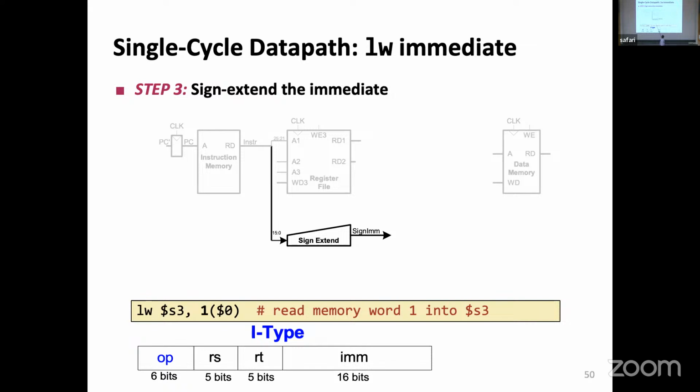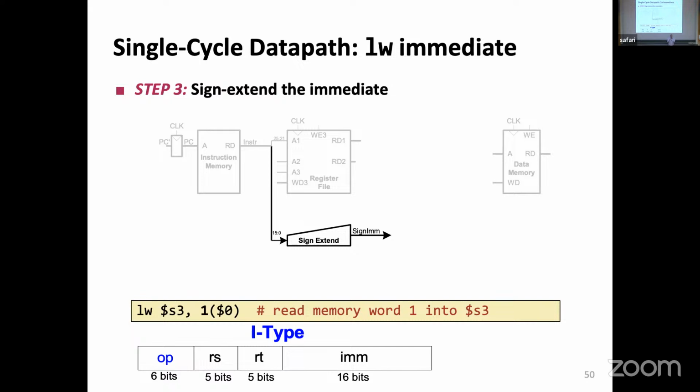Now, the lower 16 bits of the instruction contain the constant, but the constant is only 16 bits. So I want to extend these 16 bits to 32 bits. This is the sign extend operation. We saw this at the very beginning when we were talking about number formats, and we said that we can use 2's complement.